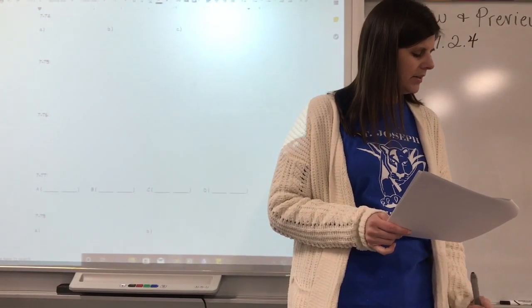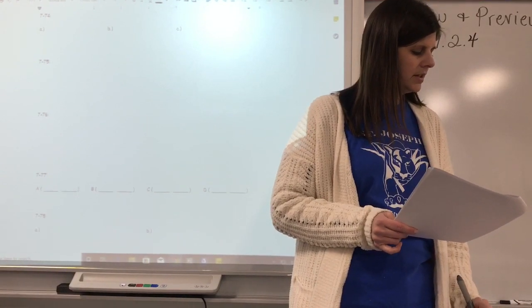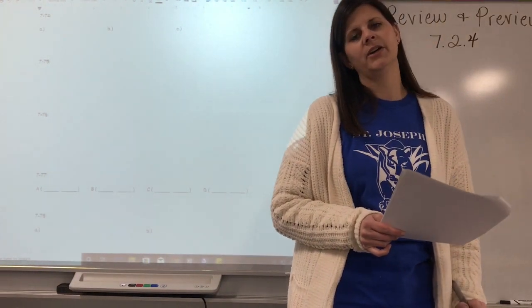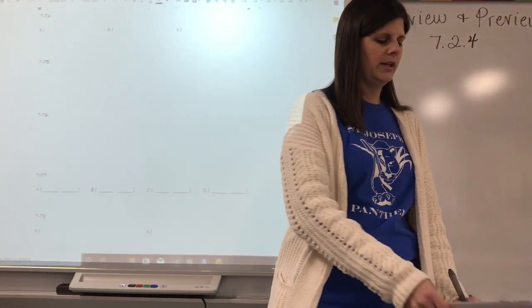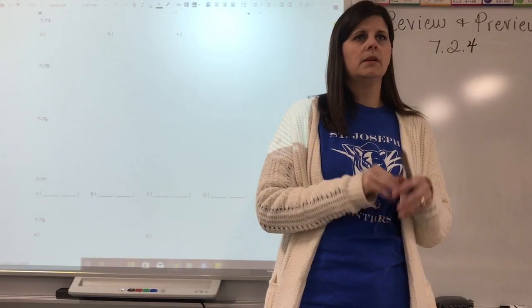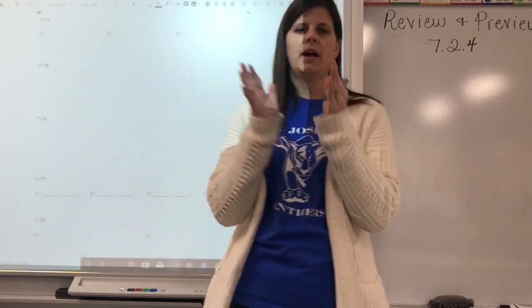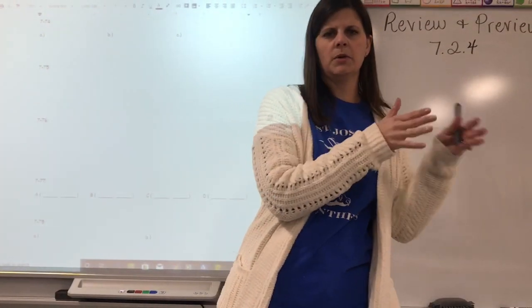For question 75, we've got some paint that's being poured into containers that hold 75 hundredths of a gallon. And it's asking you how many containers are going to be needed. Think of the context of this. We have 9 gallons to start with that we're dividing into smaller pieces.